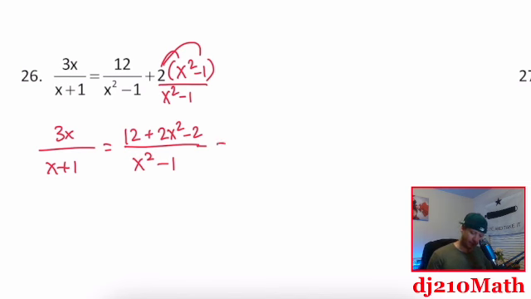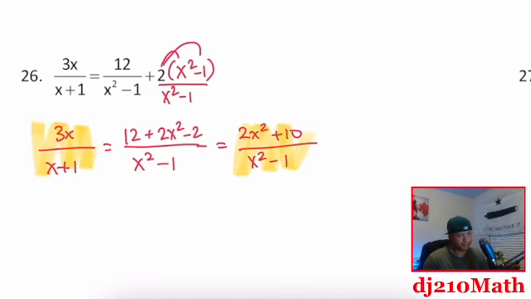Okay, combining, we get 2x squared plus 10 over x squared minus 1. All right. So what we're looking at here is this side and this side. Okay.